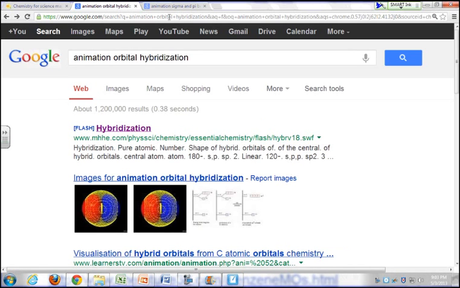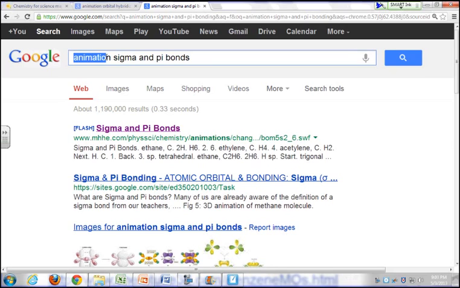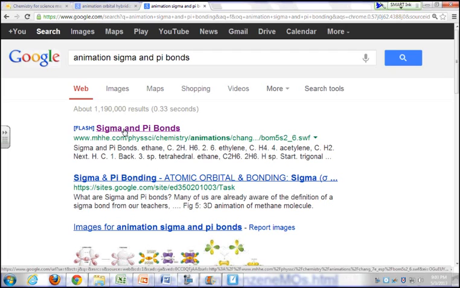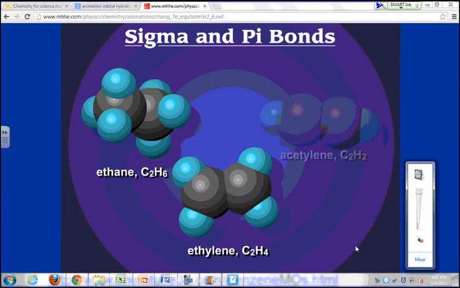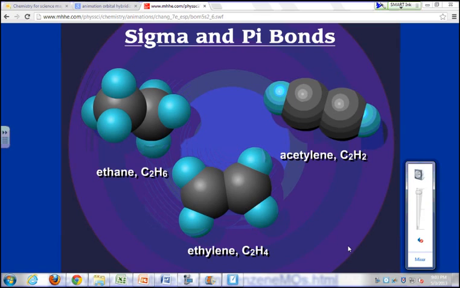And if you do a search for animation sigma and pi bonds, that other animation will probably be the first one you see on Google. If you click on that, it will show you how sigma and pi bonding happens in ethane, ethylene, and acetylene. It explains it in terms of hybridization and overlap of atomic orbitals.